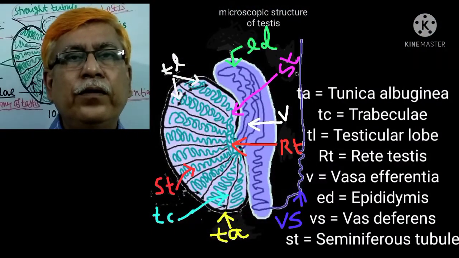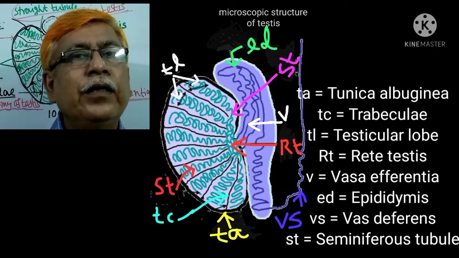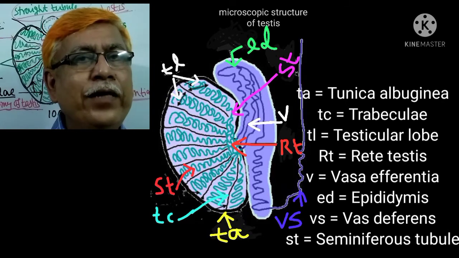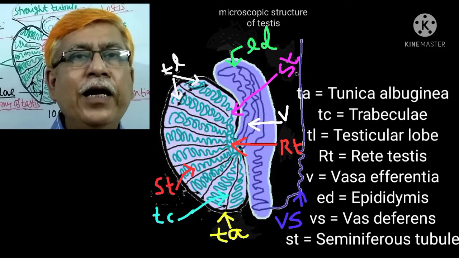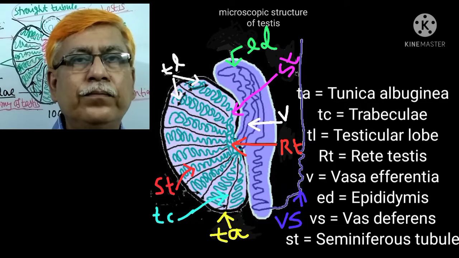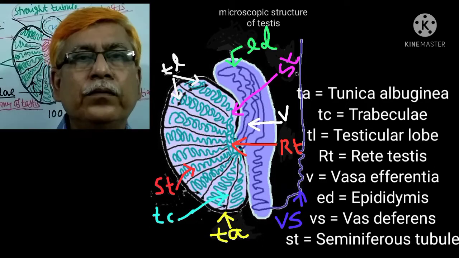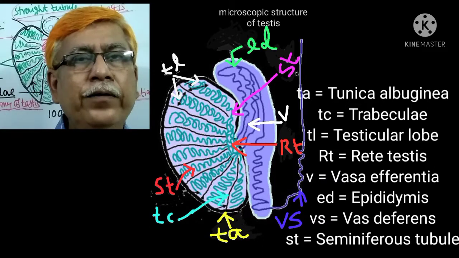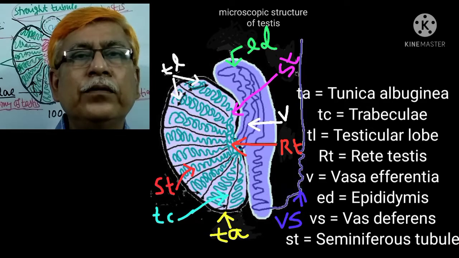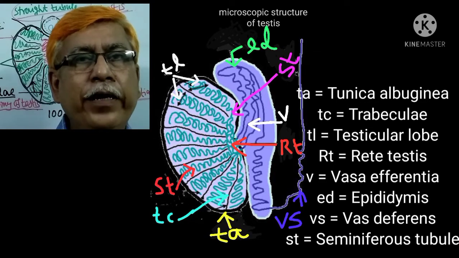Look at this figure. Can you identify Tunica Albuginea here? Can you identify trabeculae here? Can you identify testicular lobes here?